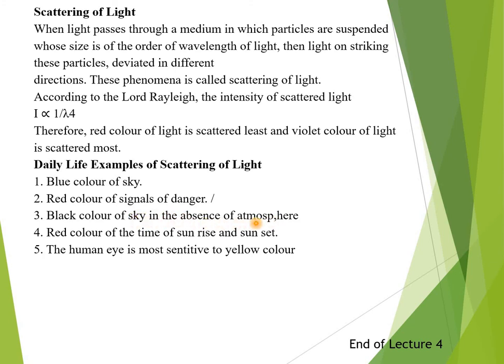On the moon, as you have seen in the video, the sky color is black, because there is no atmosphere, so there is no scattering. At sunrise and at sunset, the light has to travel the maximum distance, so all other colors get scattered. So the dominance of red color is there, which reaches your retina, so you see the surroundings to be red. An interesting fact: the human eye is most sensitive to yellow color.